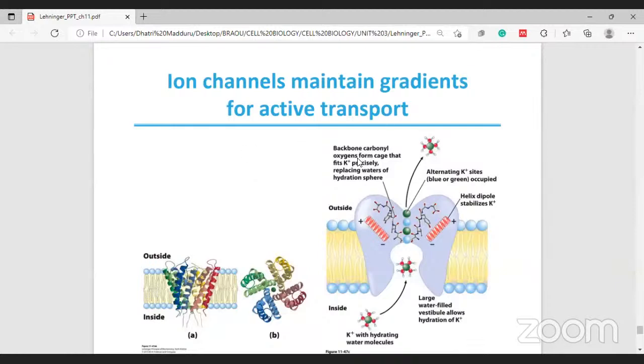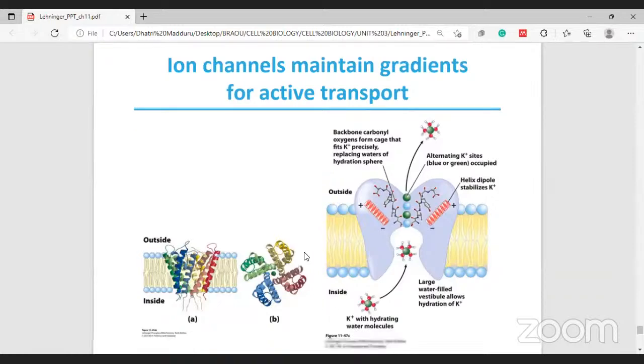So here, when 2 potassium ions go in, 3 sodium ions go out. That is the method of how they transport. And based on the gradient, if there are fewer potassium ions outside, the channels will open and close according to the signals.